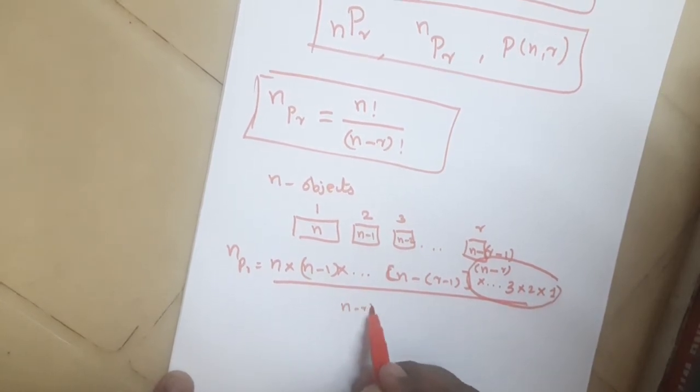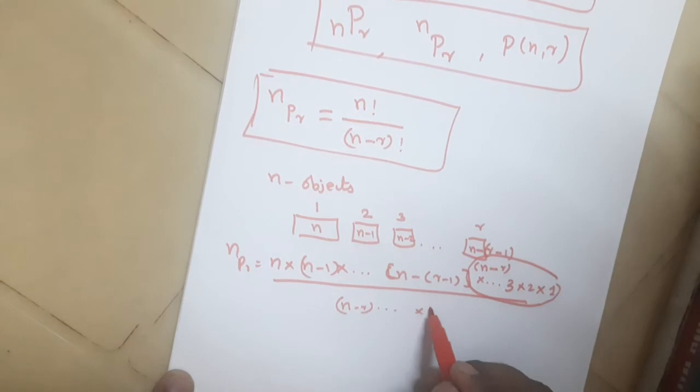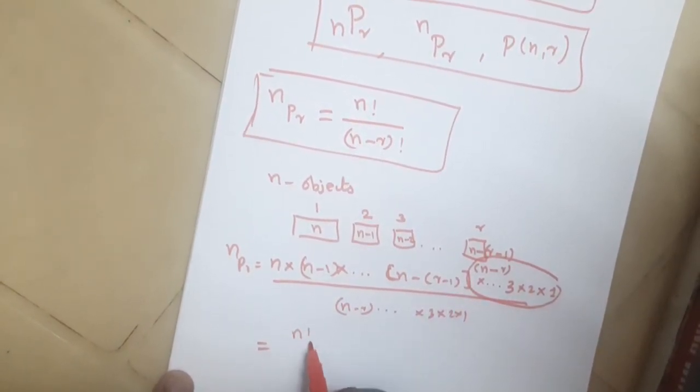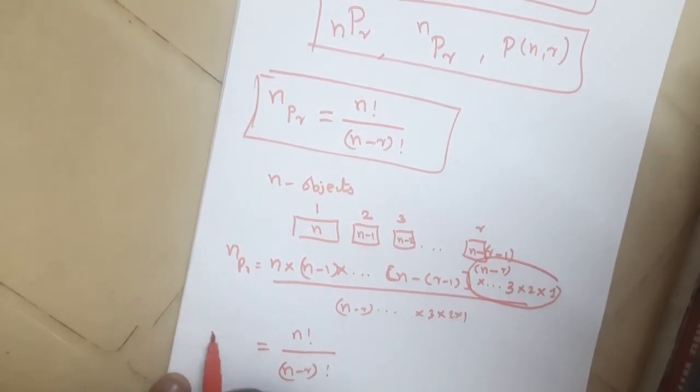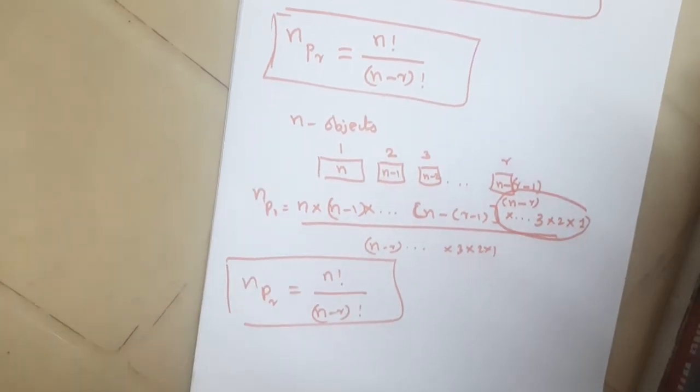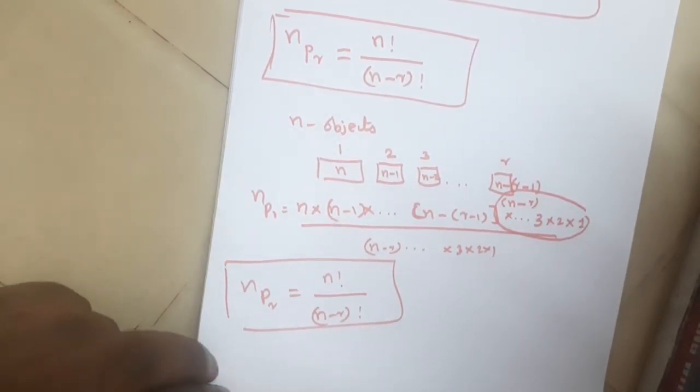So n minus r, etc., 3 into 2 into 1. So n factorial by n minus r factorial. This is the NPR formula.